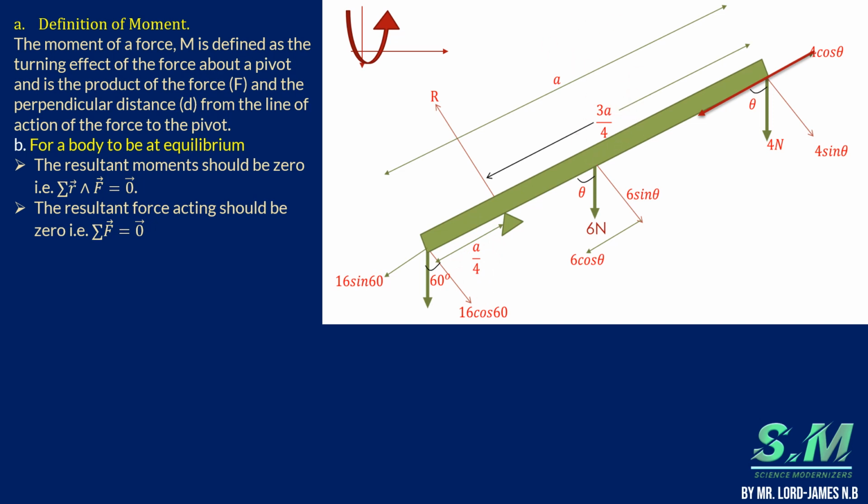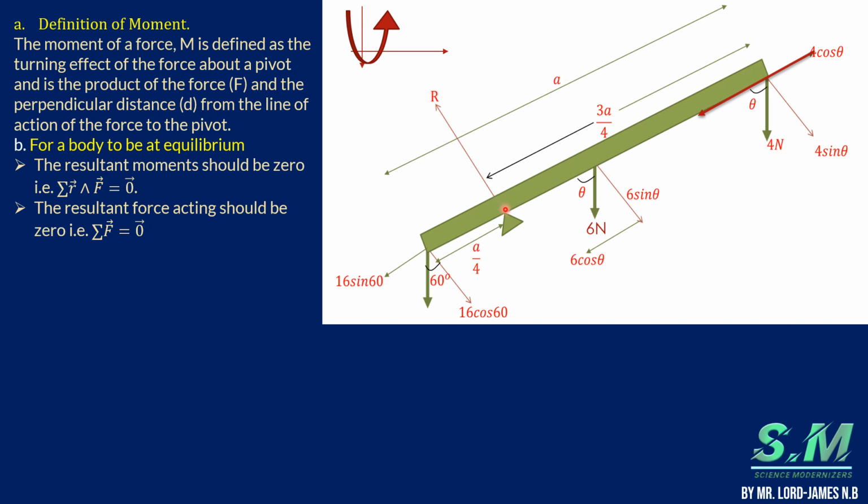Now, in order for us to resolve the value of theta, we are going to use these two conditions: the sum of the moments about the point should be 0, and the sum of the resultant forces on the system should be 0. On this plane, I'm basically going to use these inclined directions, and I'm going to consider my moments about the pivot.